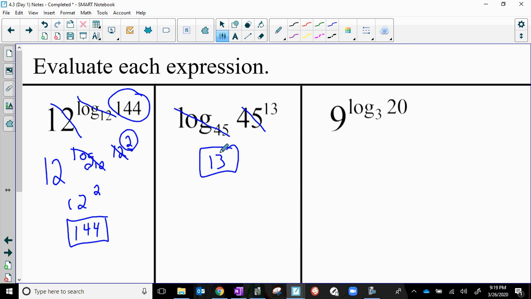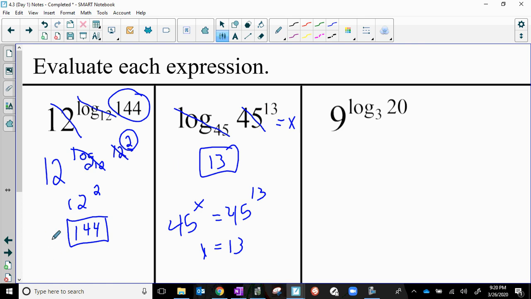If you don't know that, the way you would figure this out is you would take your base, the 45, raised to the x, equals this number, which is 45 to the 13th. Oh, x would have to be 13. I would like to be able to go straight there and get the answer on these problems with very little work. So no work needed on these two.